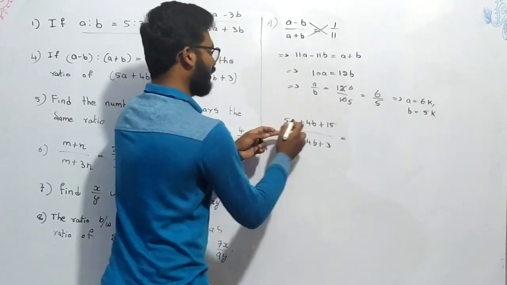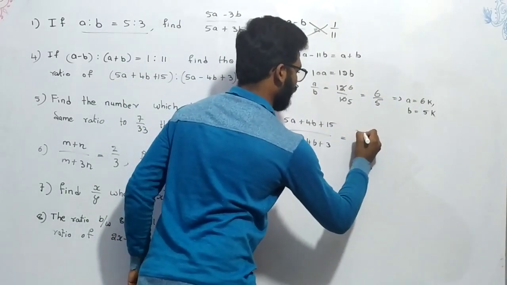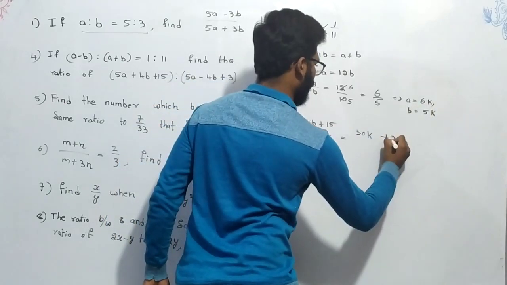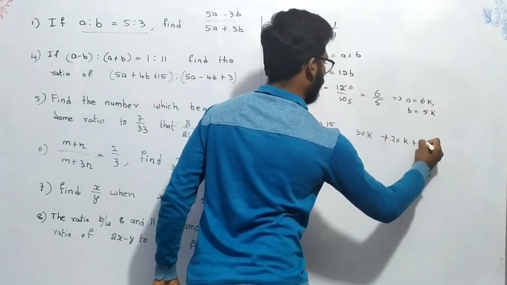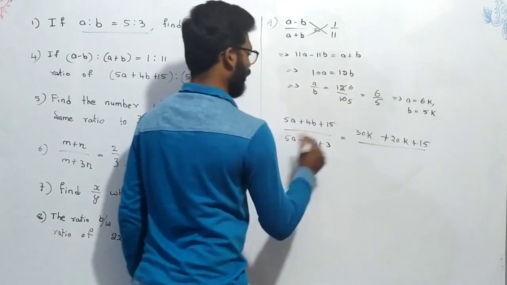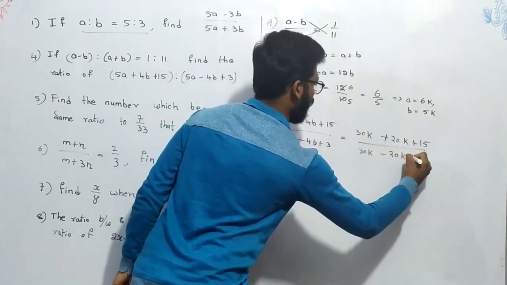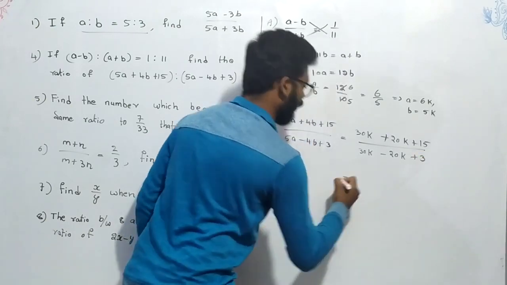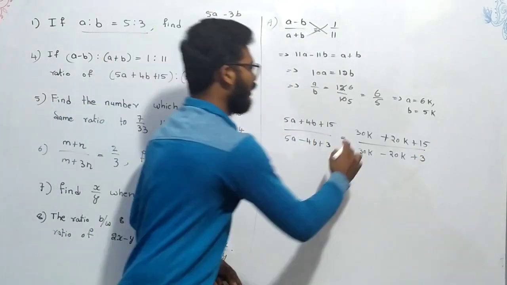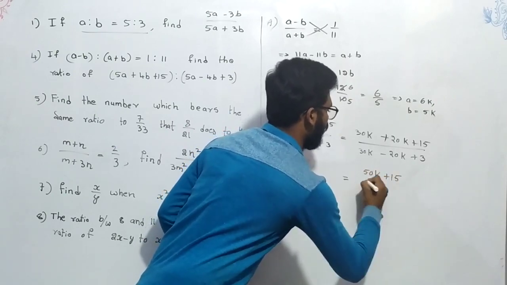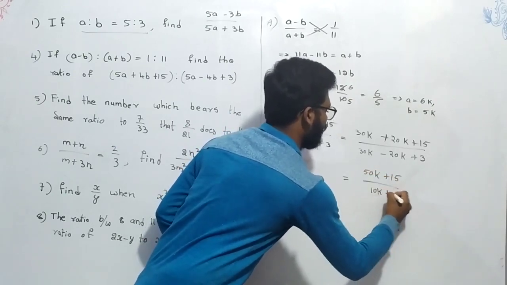Let us take A as 6k. 5 into 6 is 30k plus 4 into 5k is 20k plus 15, by the same 30k minus 20k plus 3. Now see here what I'll get: 50k plus 15 by 10k plus 3.